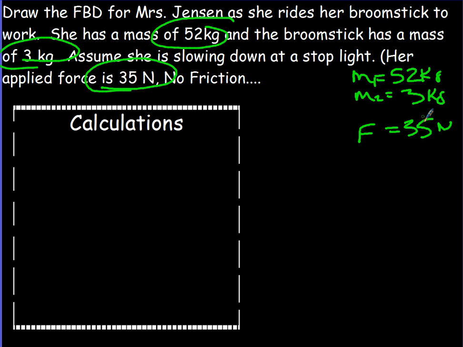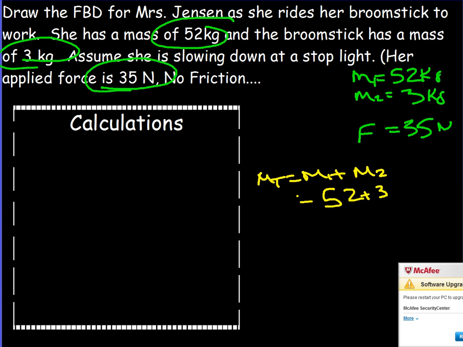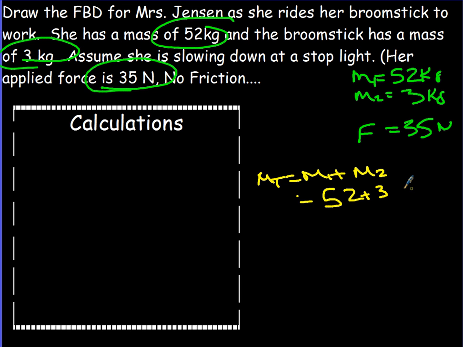Let's find her acceleration. The total mass is going to be the mass of her plus the mass of the broomstick. So this is 52 plus 3, which is 55 kilograms.